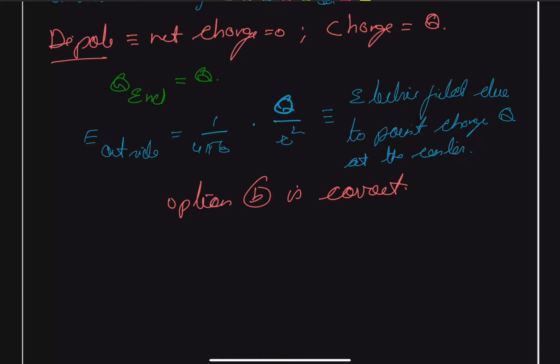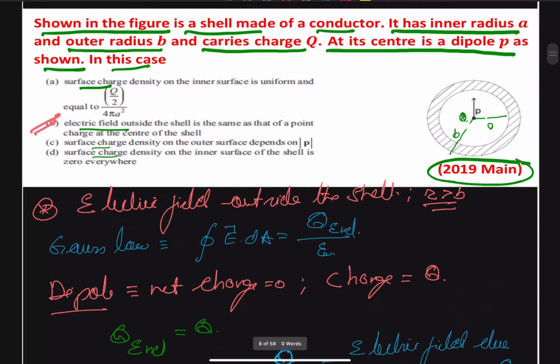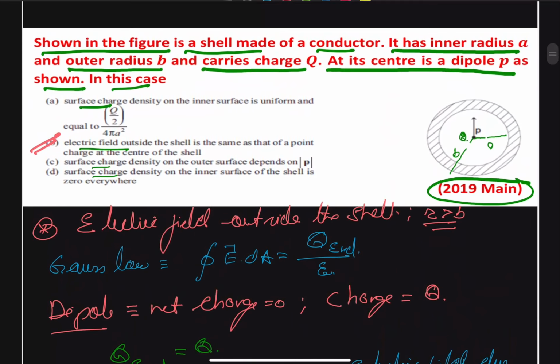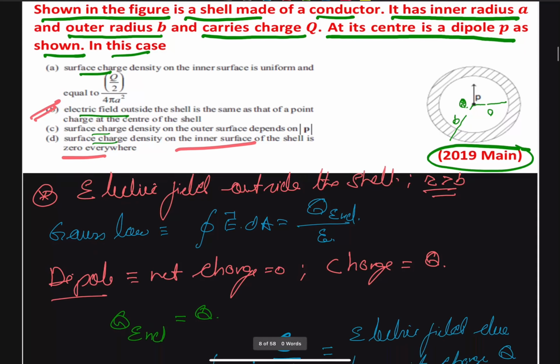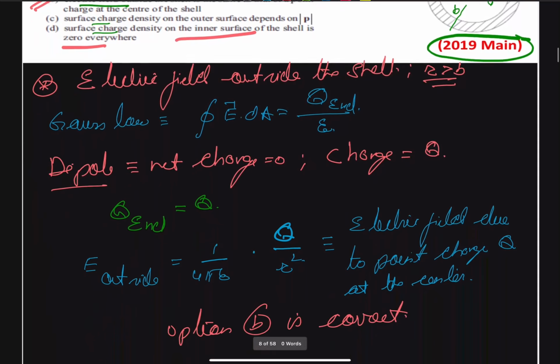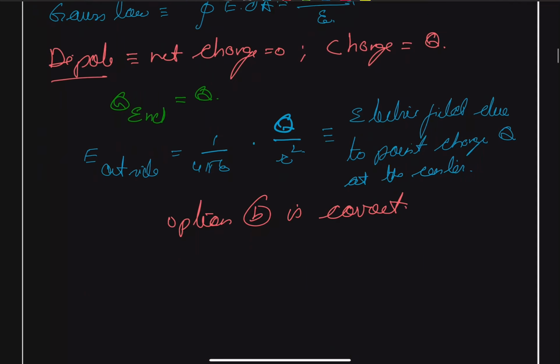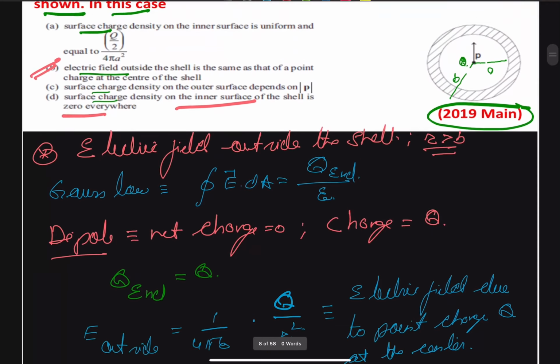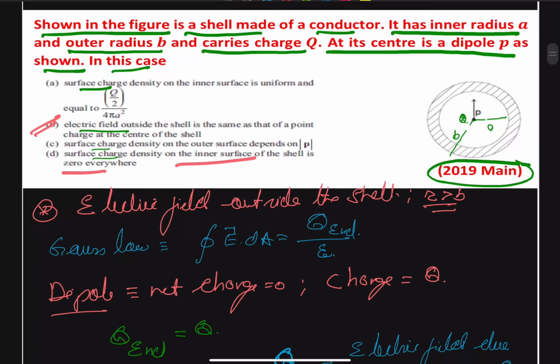Next, we are interested in surface charge density, and it says that the surface charge density on the inner surface of the shell is 0 everywhere. On the inner surface.